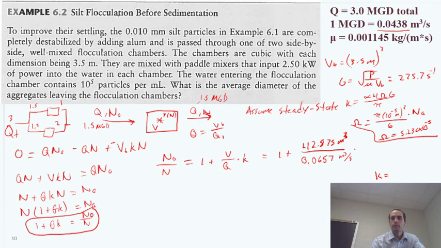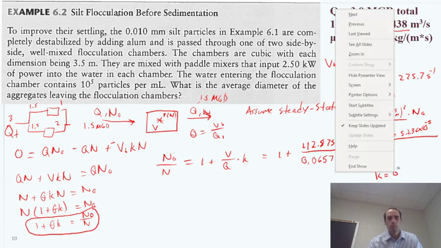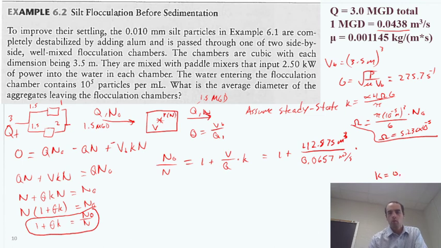I got 0.015 per second. Does that look right to everybody? Okay, cool. Assuming all that's good, then we have 0.015 here.